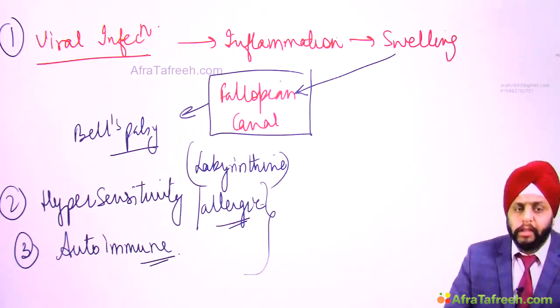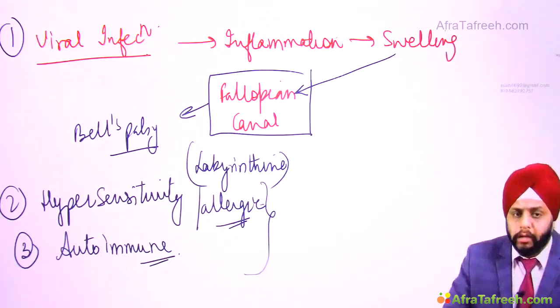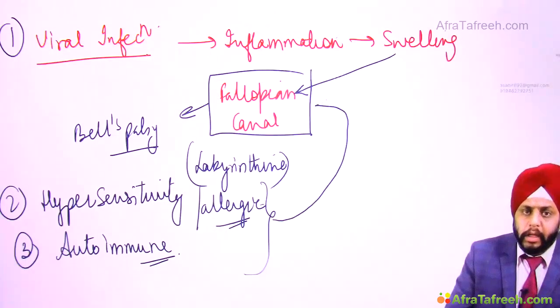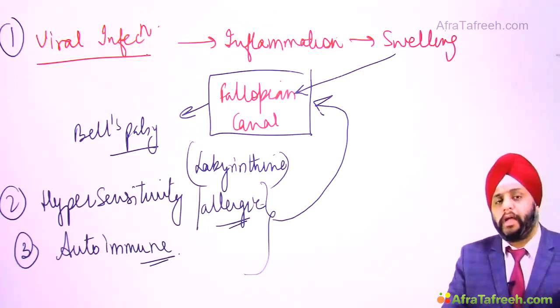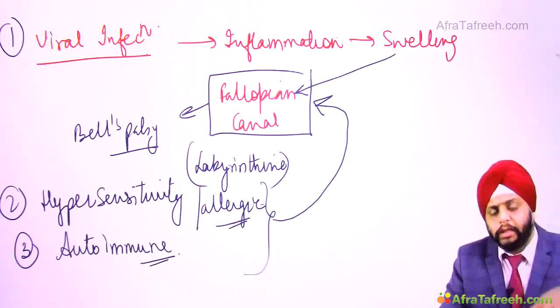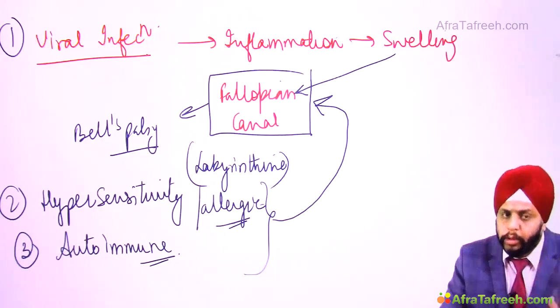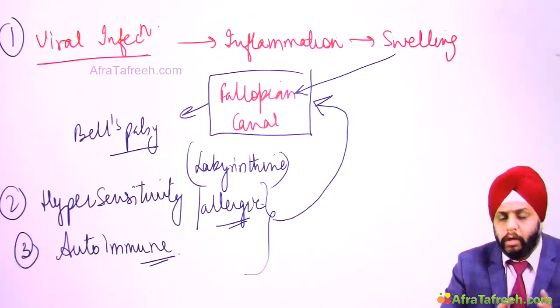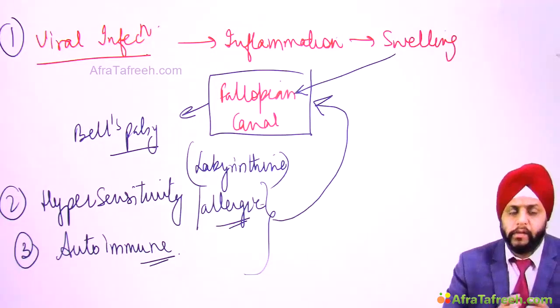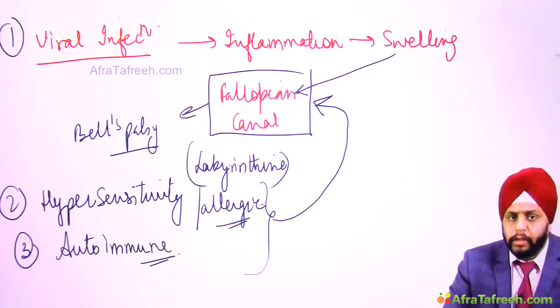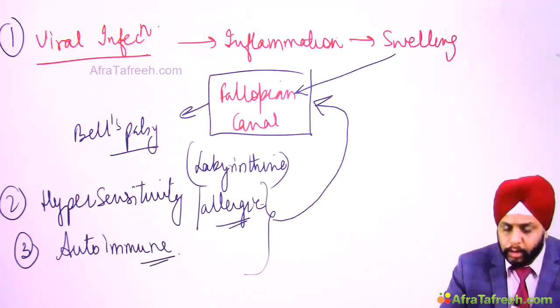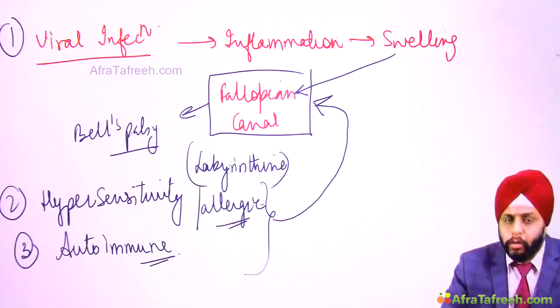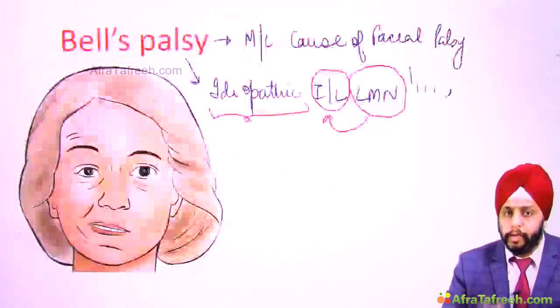Now, again these theories dwell on the same thing, that there is a swelling of facial nerve and the facial nerve gets compressed in the fallopian canal, in its own bony canal. That leads to a lower motor neuron facial palsy.